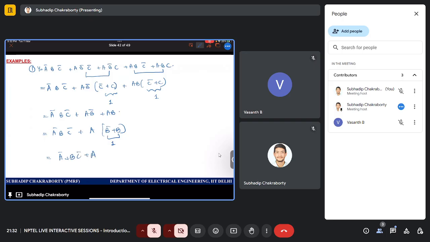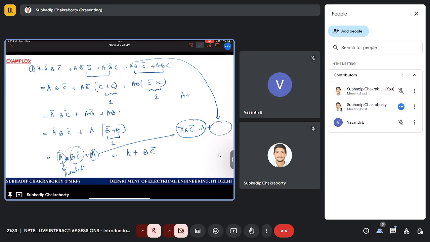Now you remember the rule of redundant literal. A plus A complement of something, this A bar becomes redundant. Understood? So it becomes A plus BC bar. How? Again, A bar B C bar plus A. Also, if you want the proof, I can add with this reduced expression any of the original expression terms.